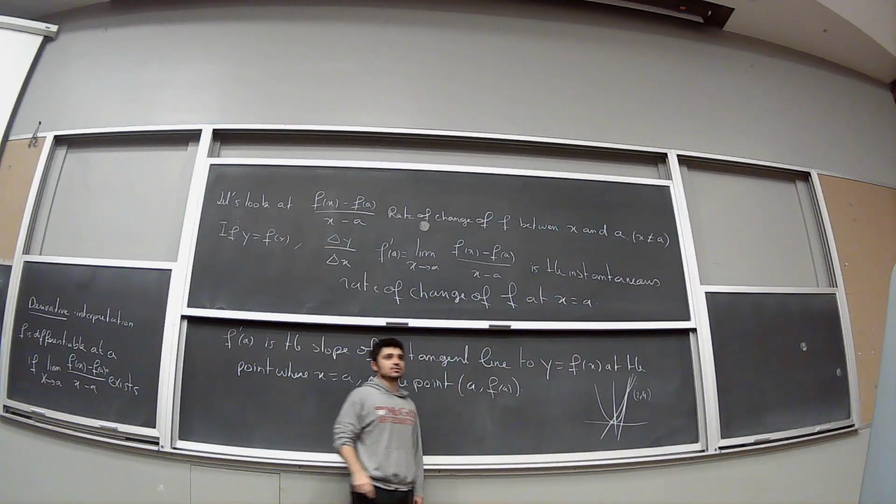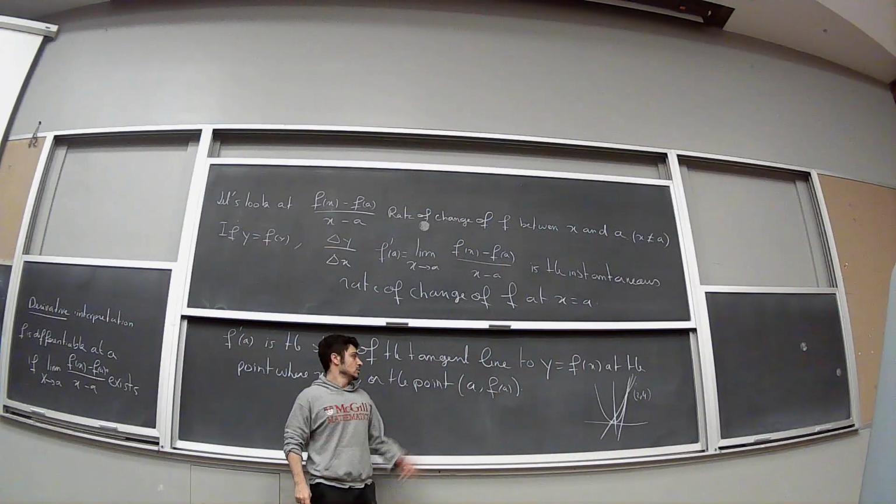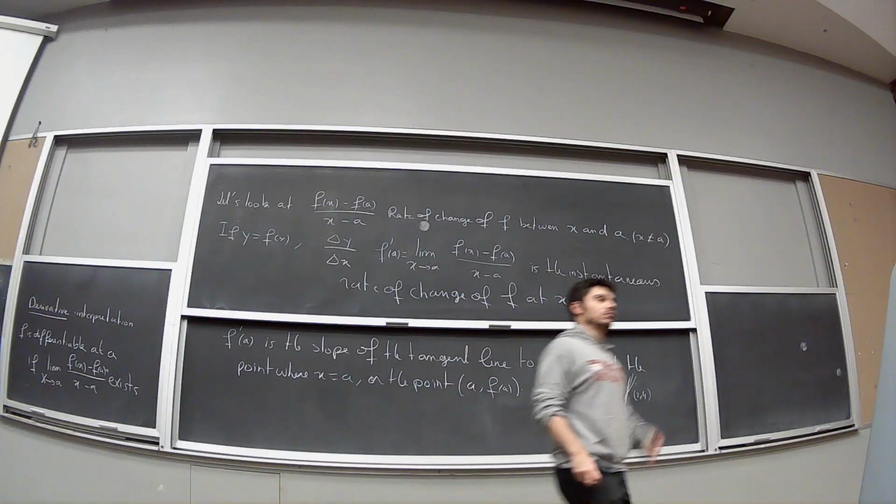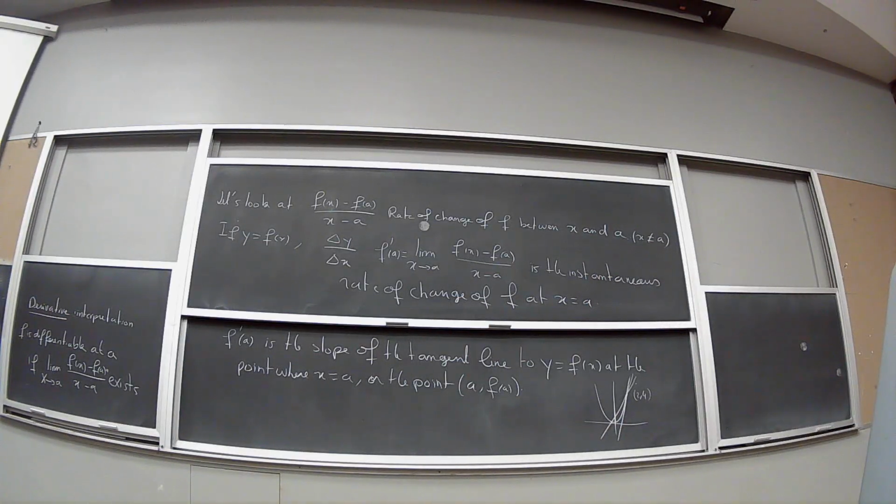Do you remember that? So this is the graphical interpretation of the derivative, and a word interpretation is the instantaneous rate of change. So the bigger f prime of a is in absolute value, the more change f has. You guys agree with this?